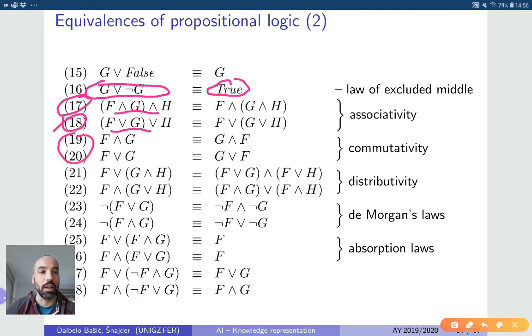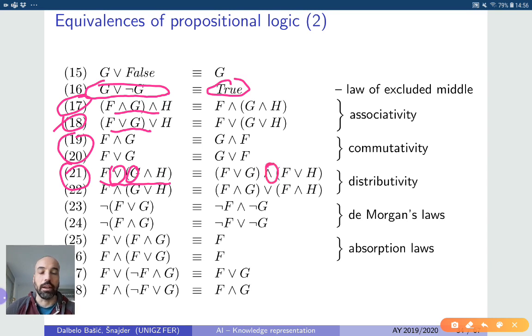Commutativity holds as well. I guess you knew that from before. Distributivity we will be needing as well. Distributivity essentially means that I can factor this formula into two by regrouping F. So I will be combining F with the outer operator and G, and then F with the outer operator and H, and then conjoin these two with the inner operator.